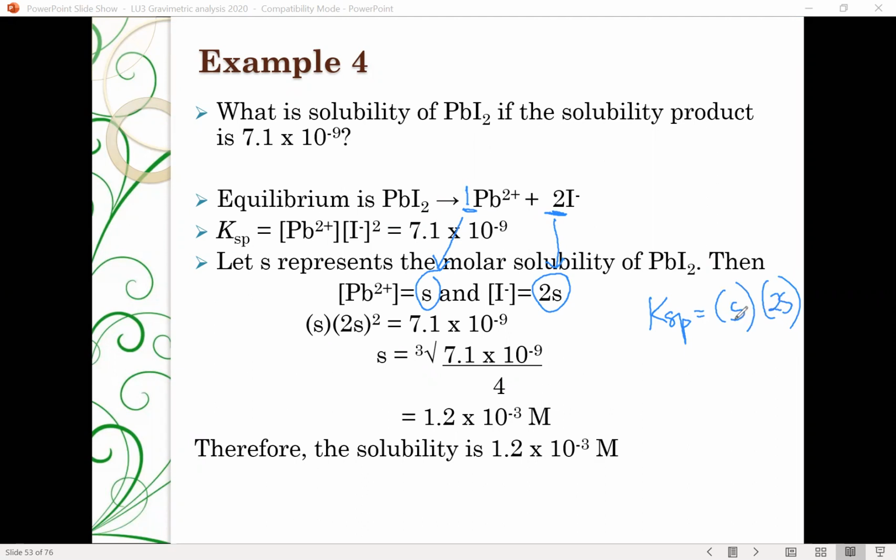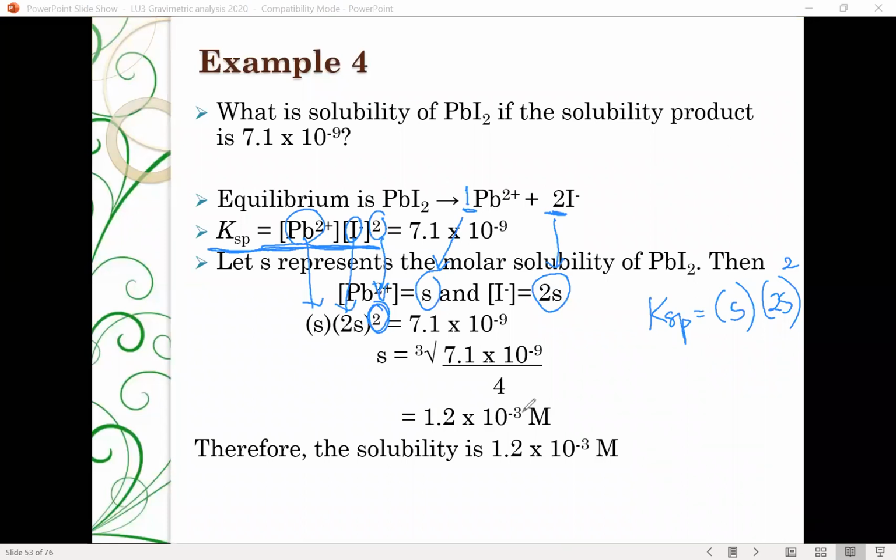S here represents Pb2+ and 2S here represents I-. And here you have the square because you already know that this is the Ksp equation: Pb2+ is here, I- is here, and the iodide is squared.